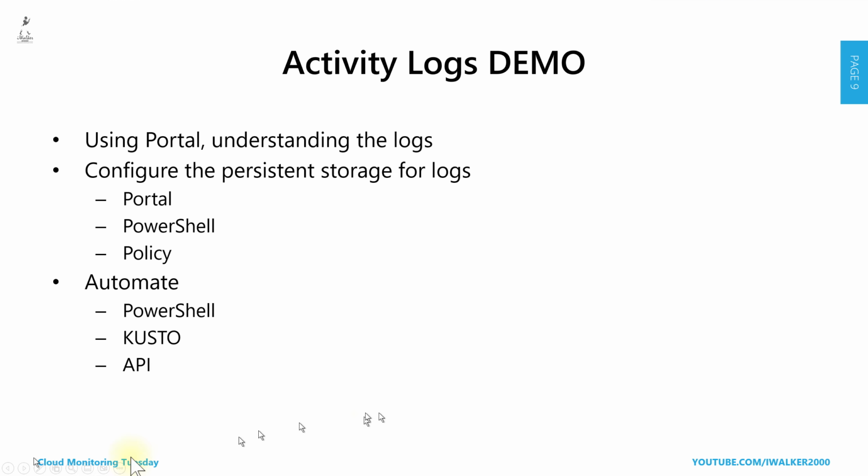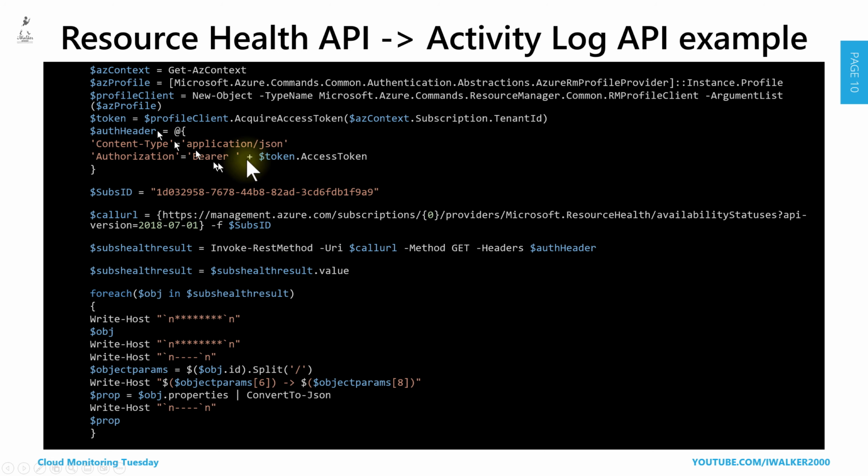And the third part to understand is the API. What is the difference between, for example, log analytics and resource health or whatever in terms of API? No difference. In the previous session, I demonstrated how to work with resource health using this code.